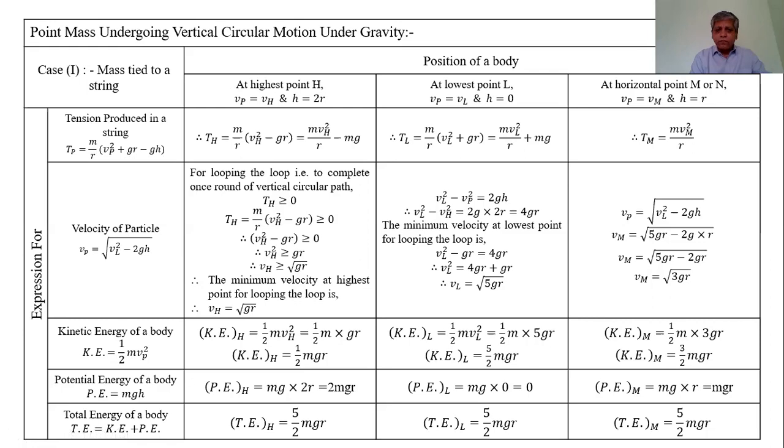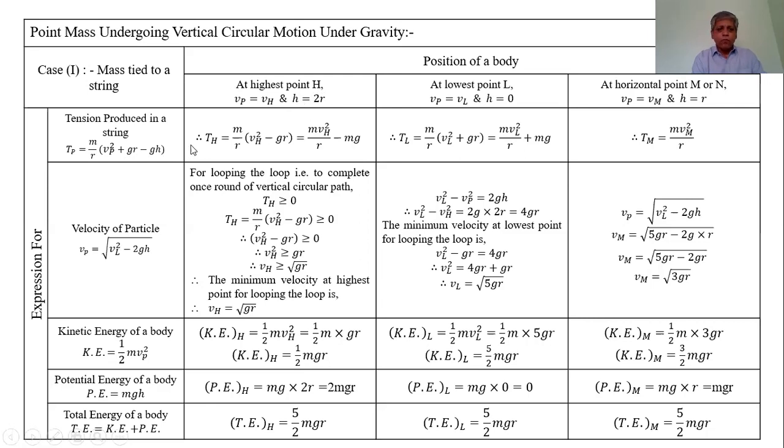From this expression, when the particle reaches the highest position, at that time Vp is equal to Vh. The velocity can change. Say the velocity is Vp. When it reaches the highest point, it is equal to Vh, and the height h is equal to twice R. Substitute Vp as Vh and h equal to twice R in this equation.